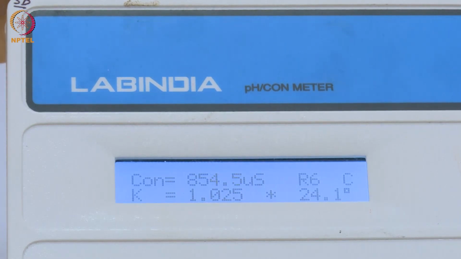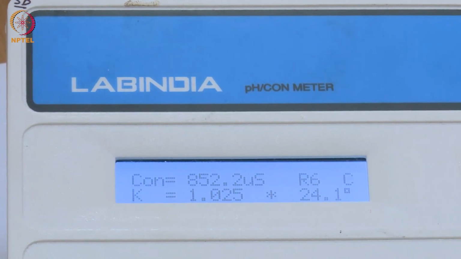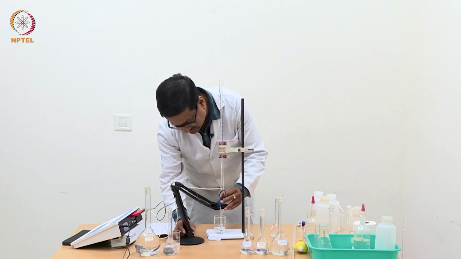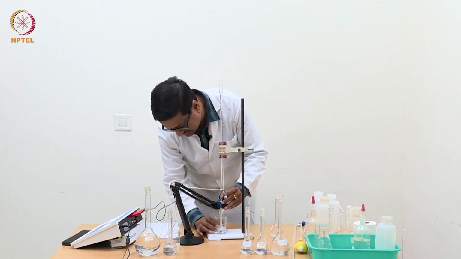Before starting the experiment, we should mix well and homogenize the solution so that it gives the correct reading for the conductance at the beginning.